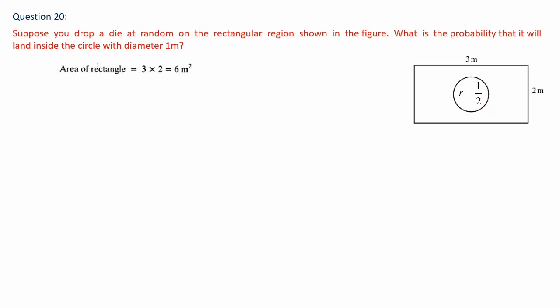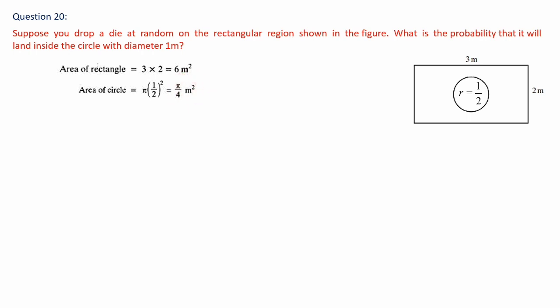So you have to find out the area of the circle. Area of the circle is pi r square. So pi into r, we have 1 by 2, so 1 by 2 square. That is 1 square is 1, 2 square is 4. So pi into 1 is pi, divided by 2 square is 4. So pi by 4 meter square. So your favorable one is pi by 4 meter square.